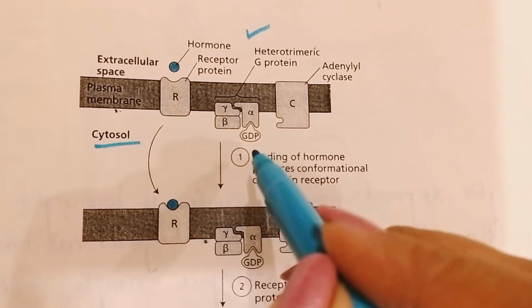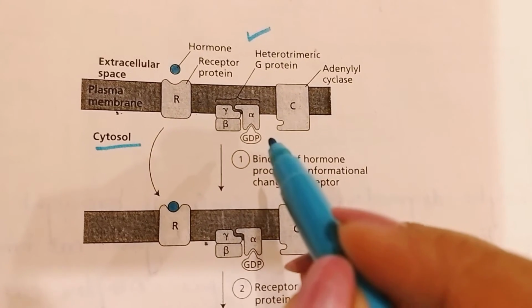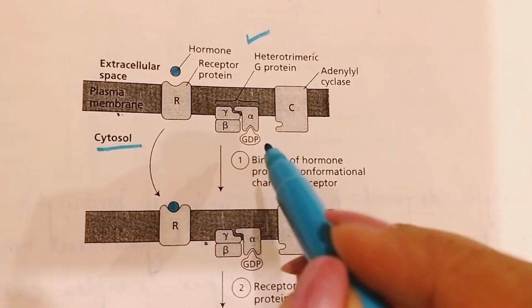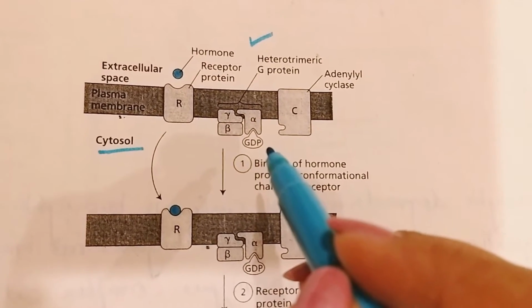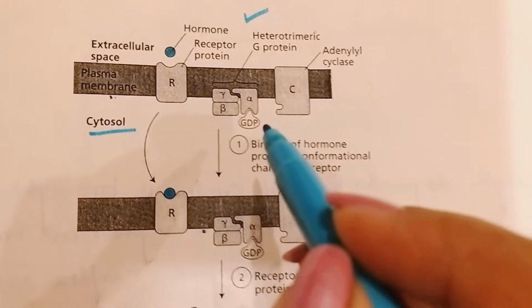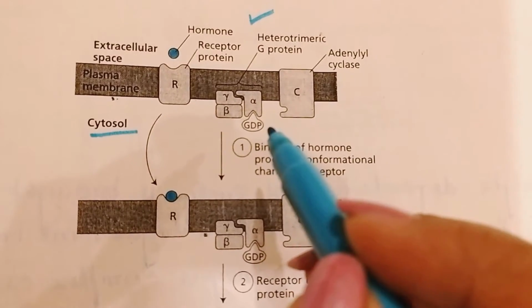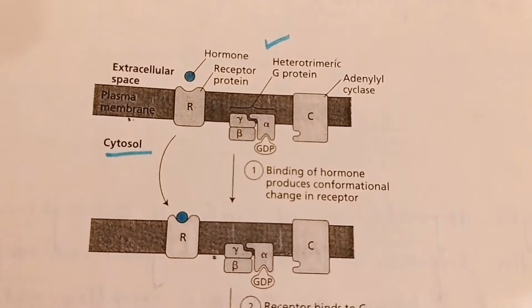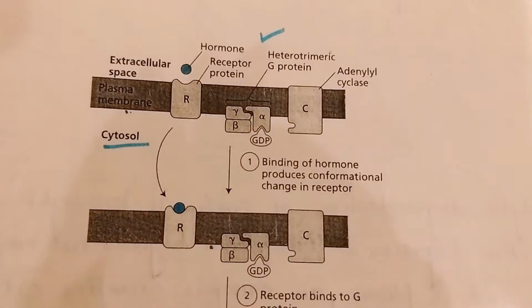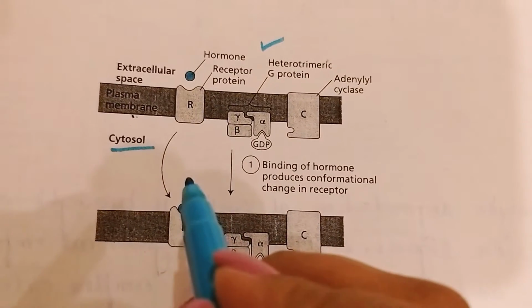This GDP is replaced by GTP, and thus the alpha GTP subunit dissociates and a free beta gamma dimer exists. Now we will see the steps of the reaction in detail.